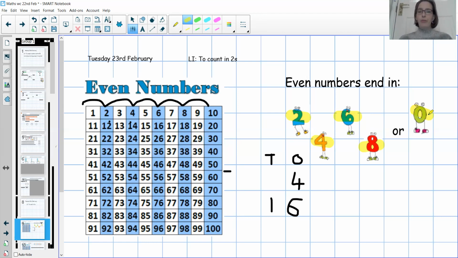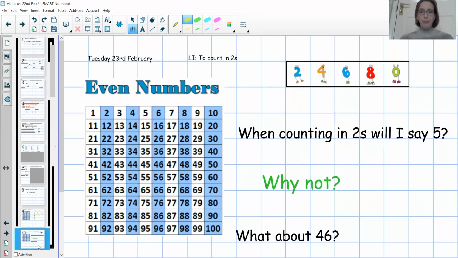And another way we refer to these numbers, those numbers we say when we're counting in twos, is we call them even numbers because they can be divided by 2. So all of these blue numbers are what we call even numbers. And the white ones, the ones we don't say when we're counting in twos, they are odd numbers. So today, all the numbers we're going to be looking at are even if we include them when we're counting in twos. So let's have a look at our next slide.